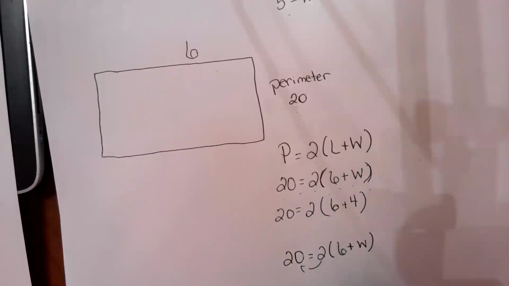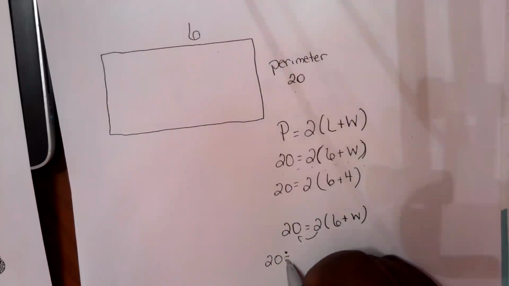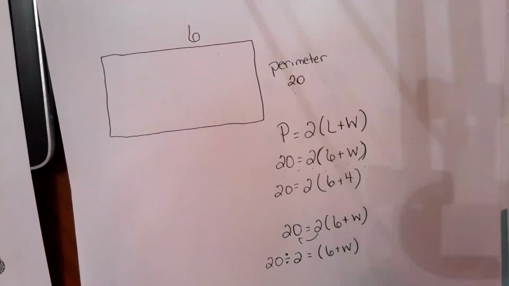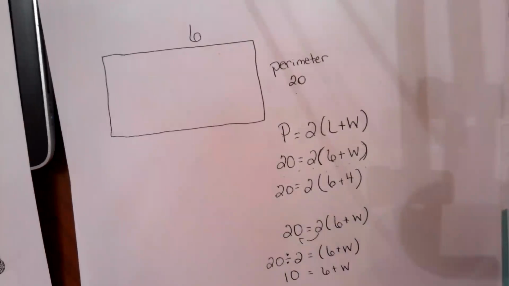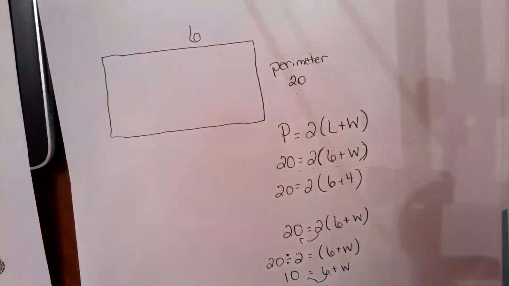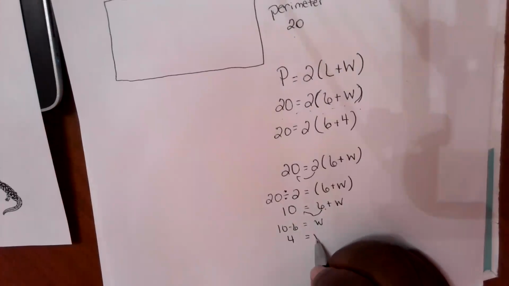So instead of multiplication, I'll be dividing. 20 divided by 2 equals 6 plus W. And so now I have 10 equals 6 plus W. And now I need to get this W by itself. So if I'm adding on this side and I do the inverse, I would be doing what? Subtracting. And 10 minus 6 gives me 4.